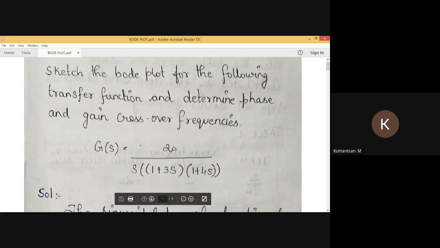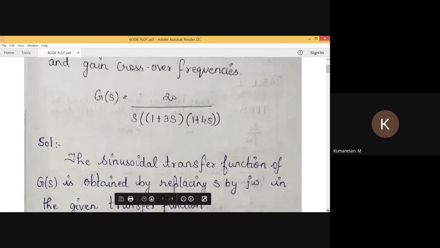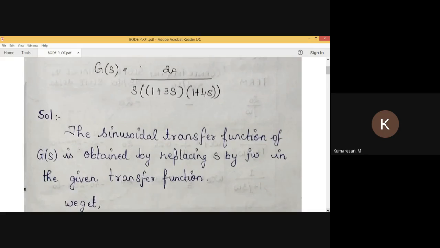Now, what are we going to do? First we are going to change S to J omega, because now we are going to write the transfer function in sinusoidal form. The sinusoidal transfer function of G of S is obtained by replacing S by J omega in the given transfer function.